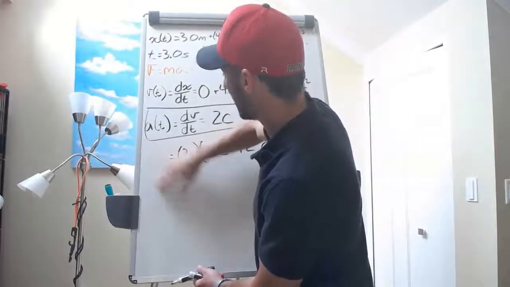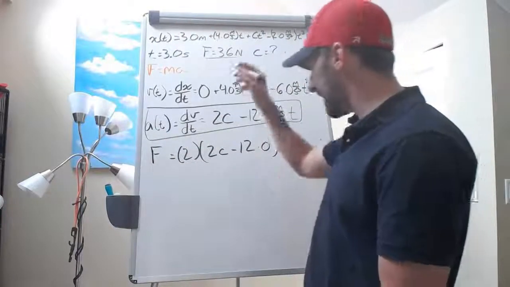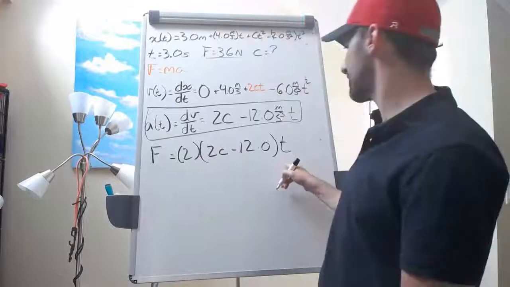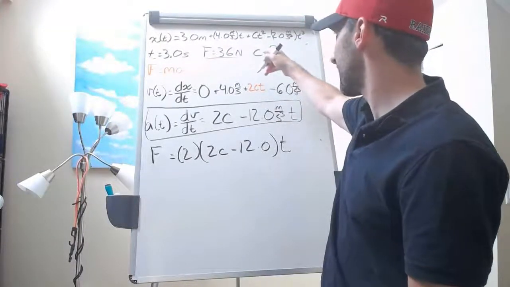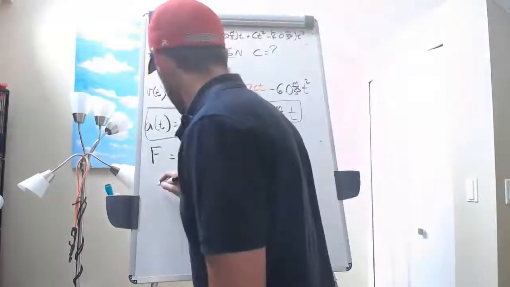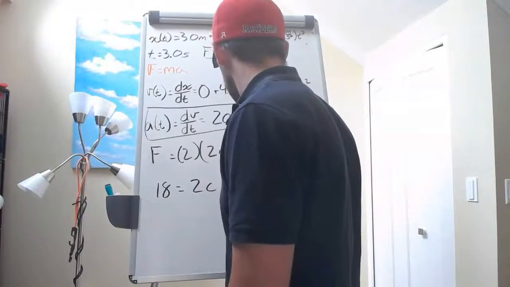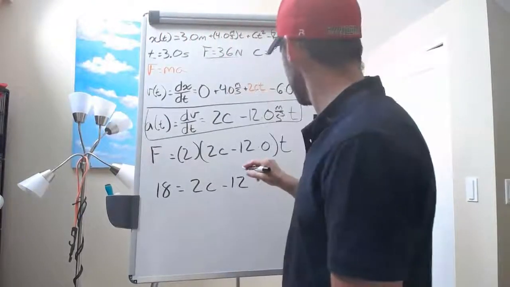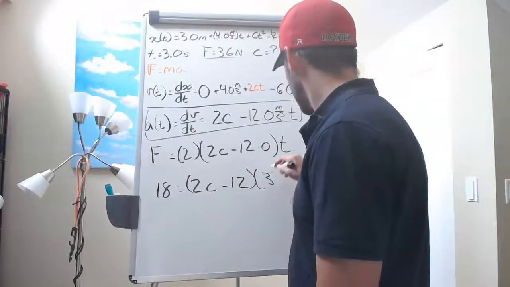So to be fair, my general expression should be this. And now I'm going to just do some math in my head. If I put in the 36 divided by 2 is 18. So I'm going to have 18 equals 2c minus 12 times 3.